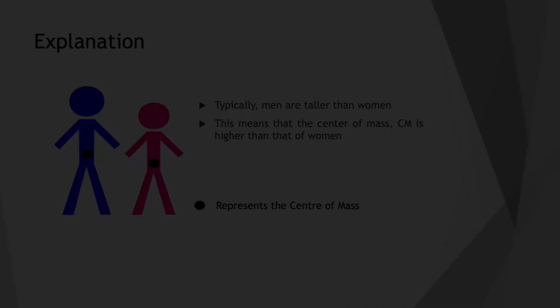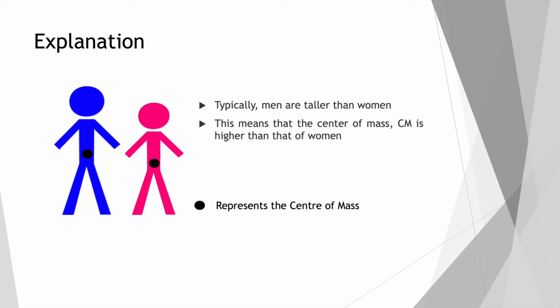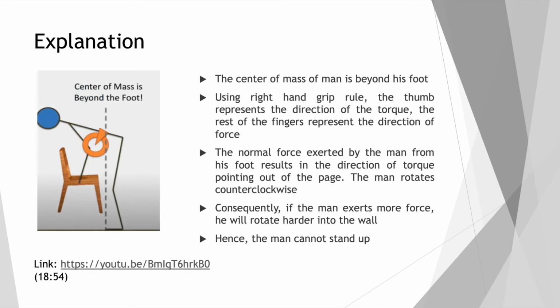So why can the woman in the video lift the chair but men cannot? This is because typically men are taller than women and hence the center of mass of men is higher than that of women. The center of mass of the man is beyond his foot. Using the right hand grip rule, the thumb represents the direction of the torque.